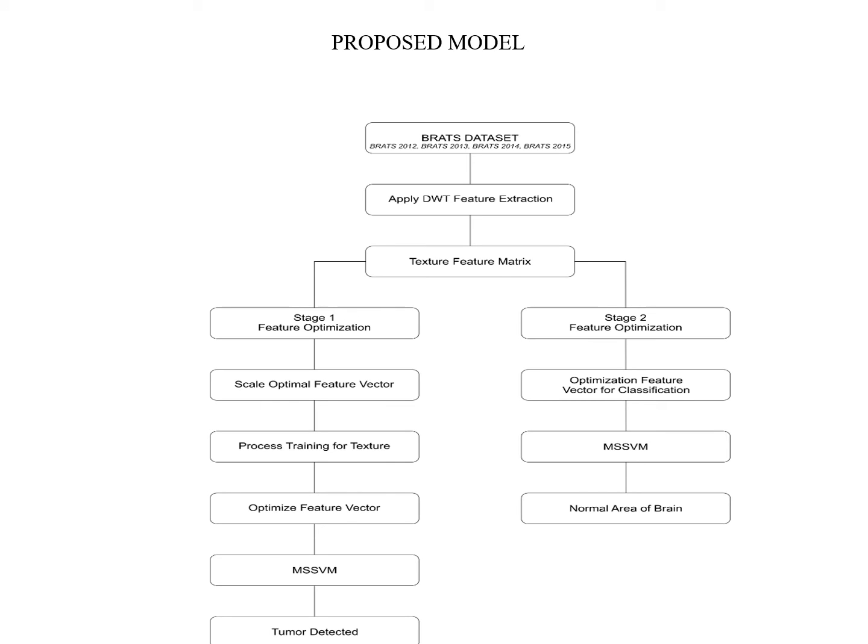Then we have to apply multi-stage support vector machine and tumor detected. And in stage 2, feature optimization, multi-stage support vector machine, then normal area of the brain. Then in the second process, we will get the normal area of the brain, at which the tumor is exactly located.